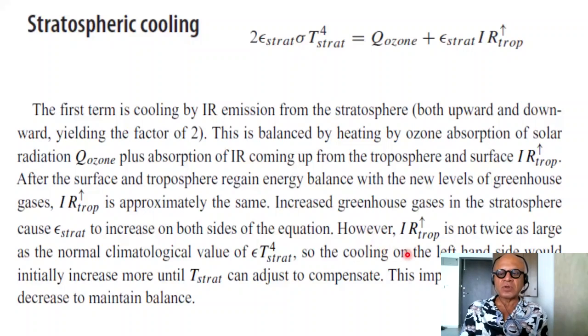Okay, however, IR trop is not twice as large as the normal climatological value of epsilon T to the fourth strat. So the cooling on the left-hand side would initially increase more until tau strat can adjust to compensate. This implies that tau strat must decrease to maintain balance.